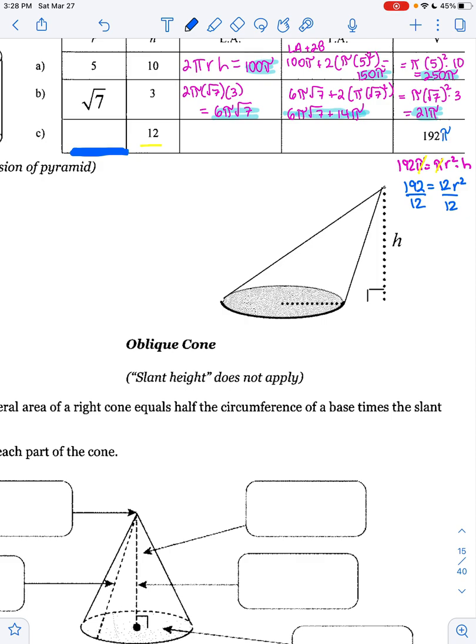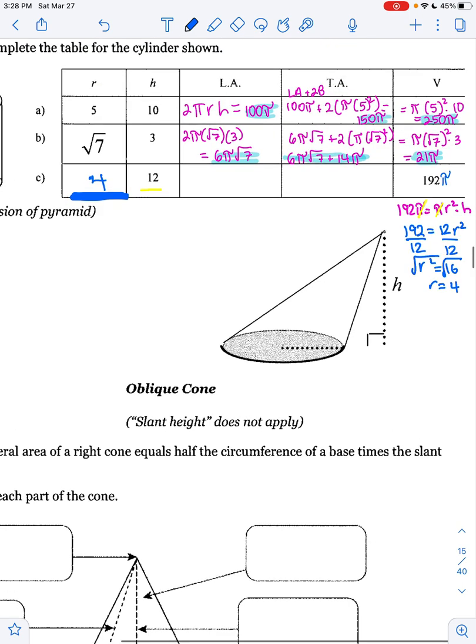Let me pull up my calculator and see that 192 divided by 12 is 16. So r squared is 16, and to undo squaring, we take the square root of both sides, which gives us a value for the radius of 4. So again, working with the information we were given, we got that the radius is equal to 4.